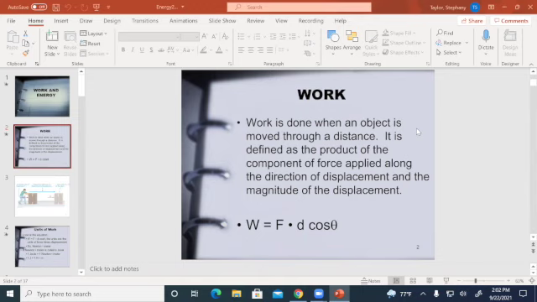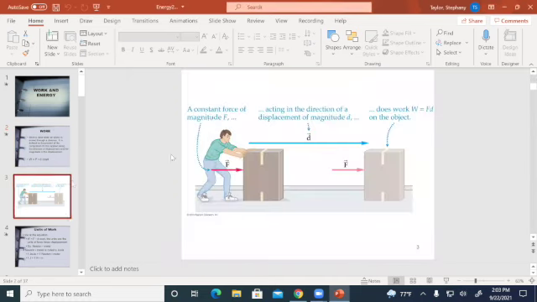So work is force times distance for a flat surface. And if the surface is inclined, or on a hill going up or down, that angle will be accounted for by multiplying by cosine theta of that angle. Here's an example.